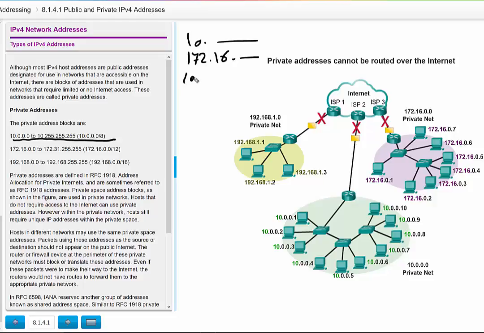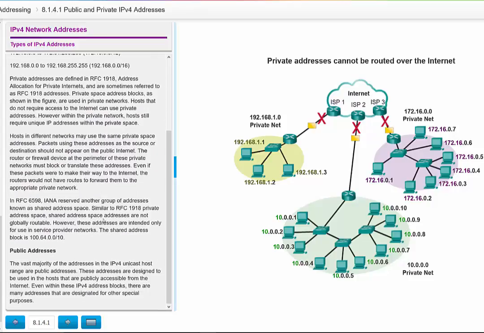And 192.168.anything is also a private IP address. So those three ranges of IP addresses can be reused within any network, and if a router happens to forward these packets, it has to change this private IP address to a public IP address before it forwards the packet further.